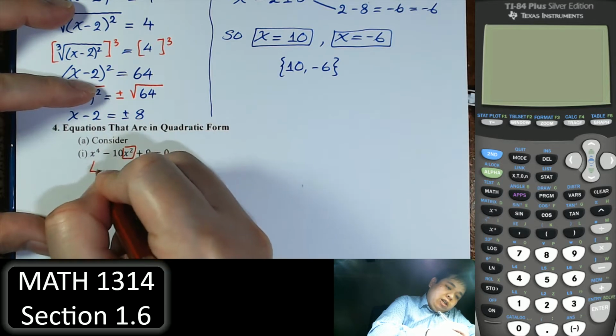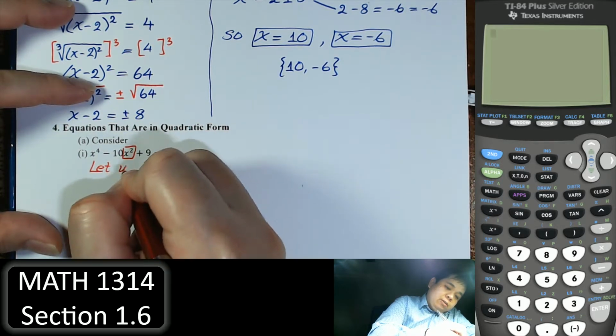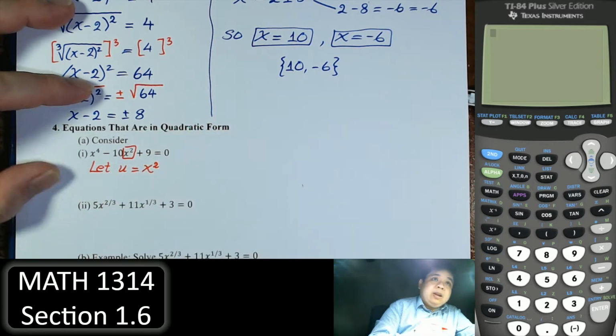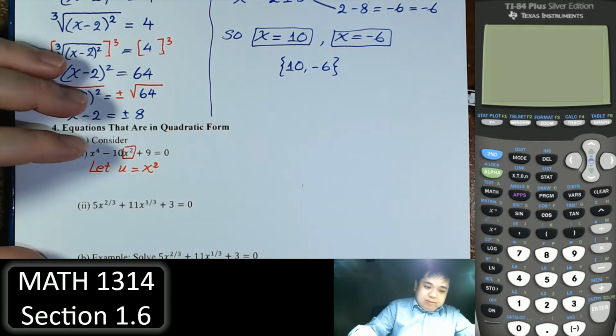So we say let u equal x squared, and then we will square both sides.